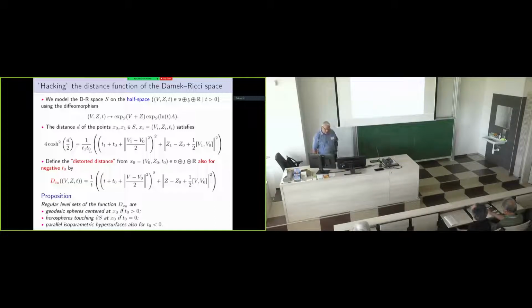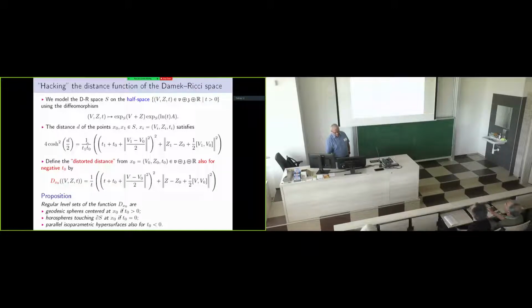So using this formula, we can introduce a kind of distorted distance function from the center x0, which has coordinates v0, z0, t0, and now t0 can be any real number. It is not just a real number from the upper half space. We use essentially this formula, but multiply everything with t0, because we want t0 also to be able to equal 0, and that division would not be nice.